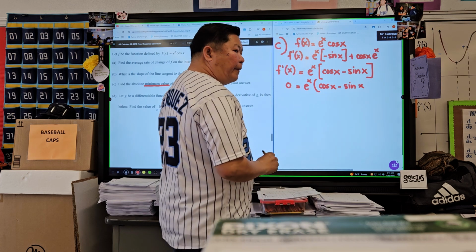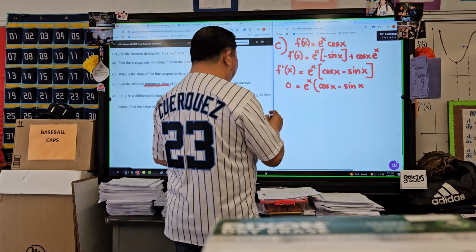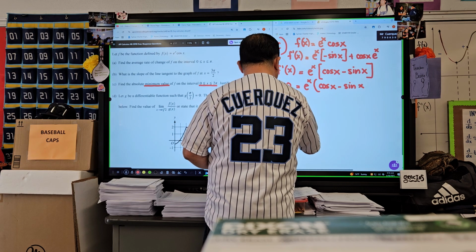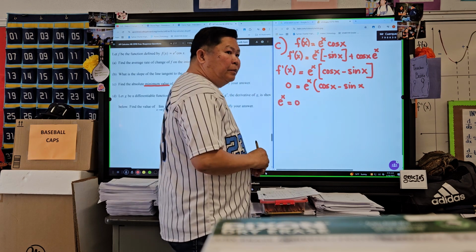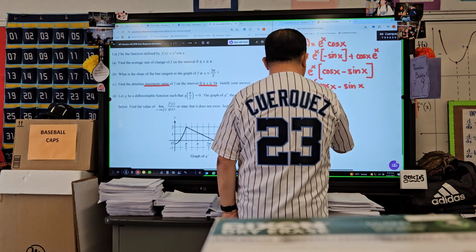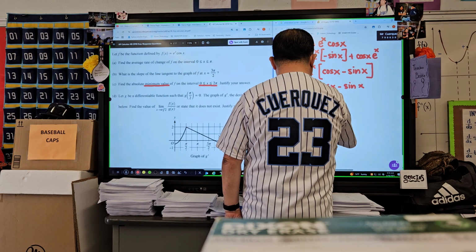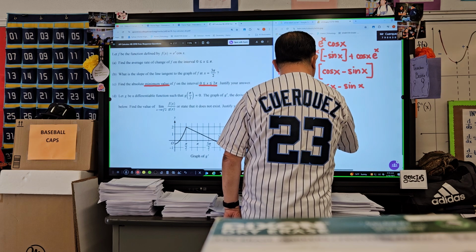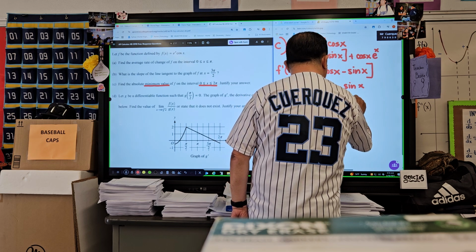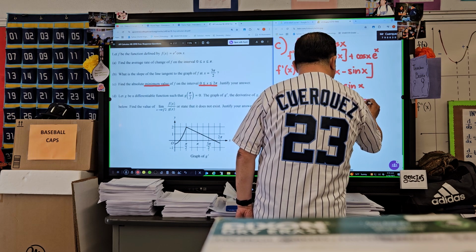So which means e to the power of x is equal to 0. Okay, and then we're going to split this one. The next is cosine x minus sine x equals 0.